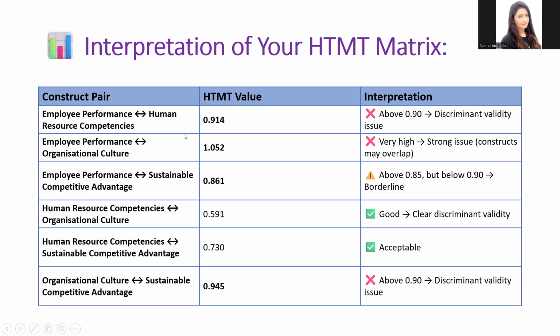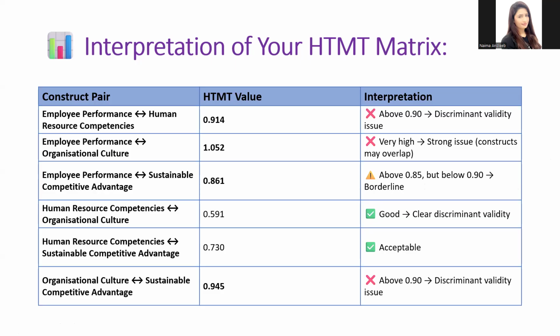It is like this. And then you can see here 0.816 is above 0.85, okay, but below 0.90. So above 0.85, it is still acceptable, borderline. It comes in borderline.